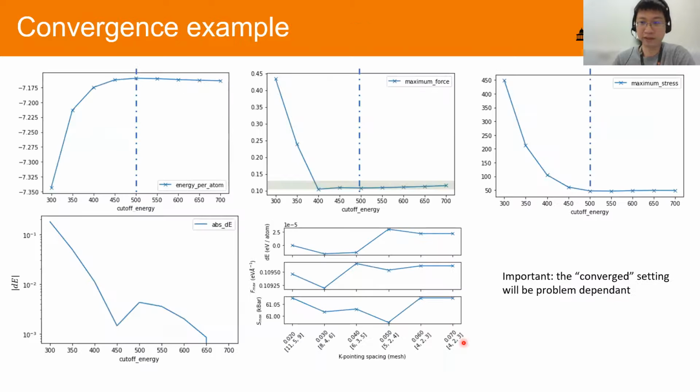But if you do the convergence test, you can show that once you use a cutoff energy which has converged stress, then the Pauli stress is almost 0. It's more important when you are forced to use a very low cutoff energy.